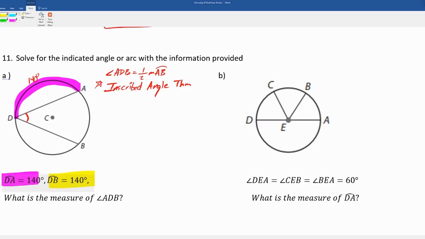Then they tell us DB is also 140. Okay. Well, how much is in a full circle, right? And you're probably like, well, there's 360 degrees. Well, you have 360 minus the 140 from DA minus the 140 from DB, right?